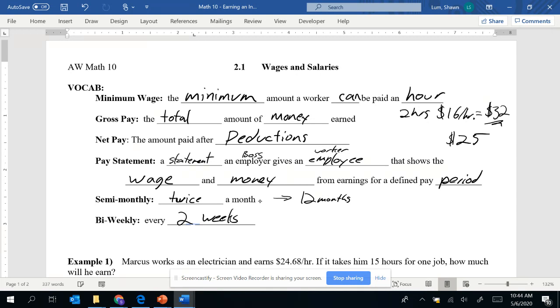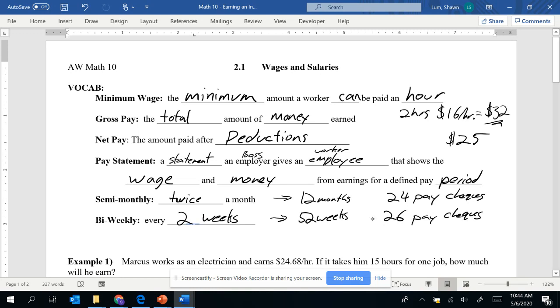If you're getting paid twice a month, then two times this, you get 24 paychecks. Bi-weekly, well, there's 52 weeks a year. If you're getting paid once every 2 weeks, that means you have to divide this by two. That means you're going to be getting 26. 52 divided by 2 is 26 paychecks.